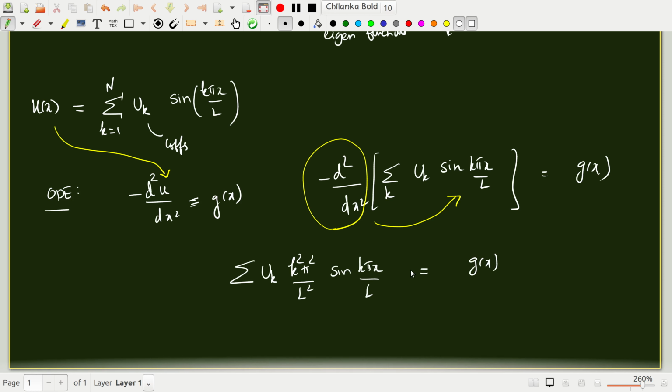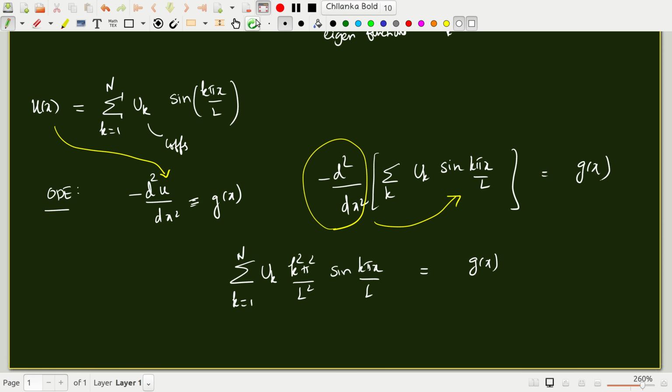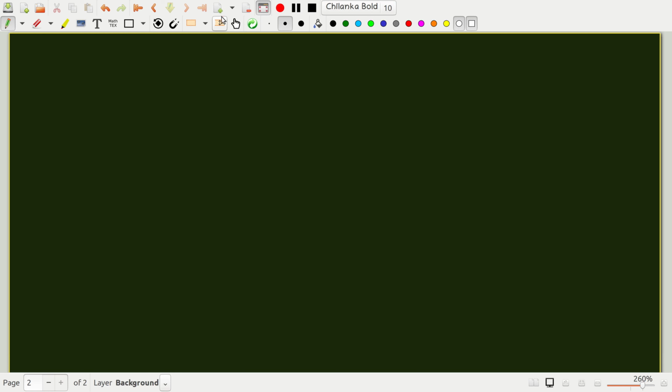Now if you were to solve for these uk's, which is what we are interested in, we have to use what is called orthogonality of the eigenfunctions.